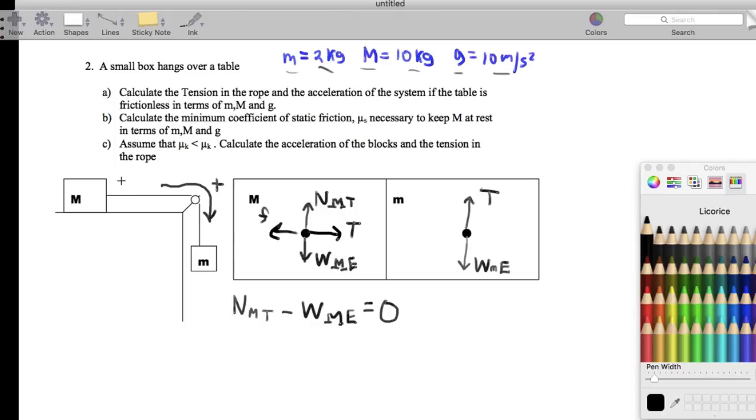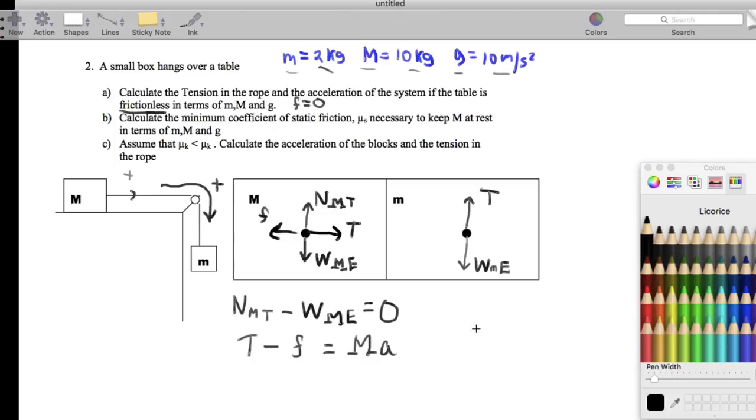Now in the horizontal direction, we've defined it this way as being positive. So we have the tension force competing with the friction force, and the effect is that big M accelerates.